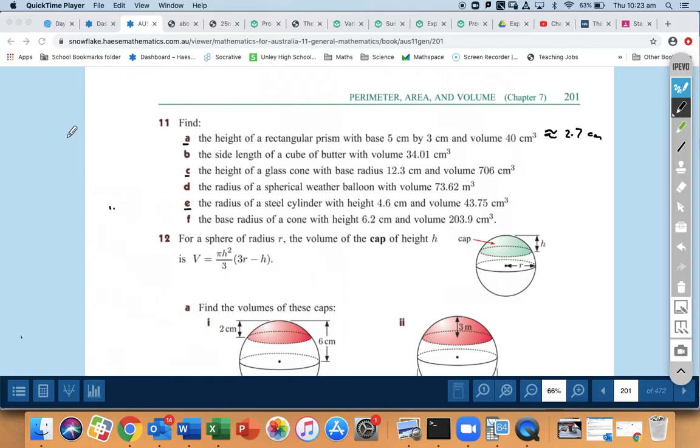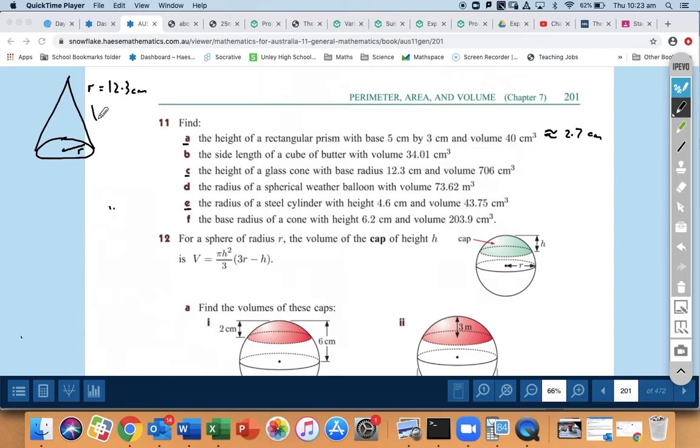I'm going to draw the cone, not particularly well. Looks like a clown's hat. That can be a radius in there. The radius is 12.3.